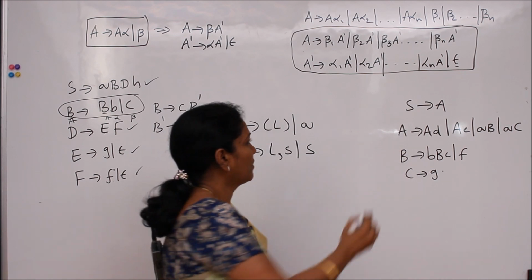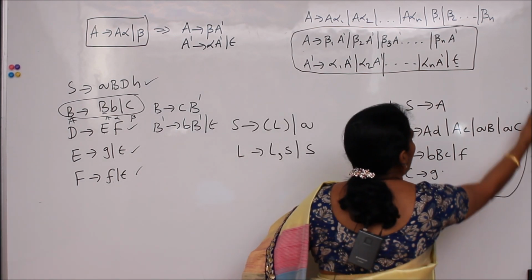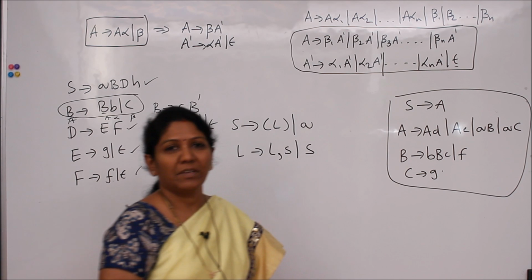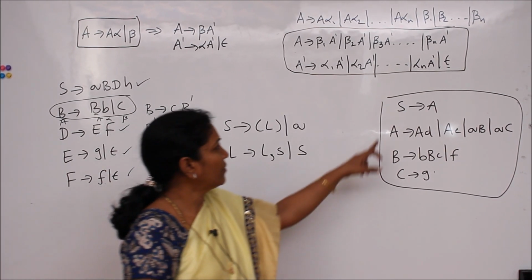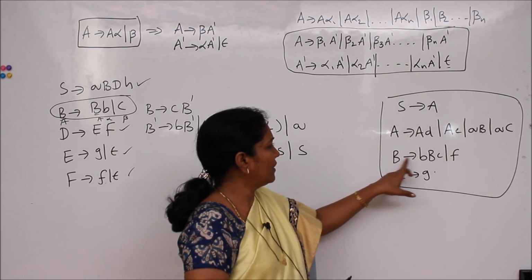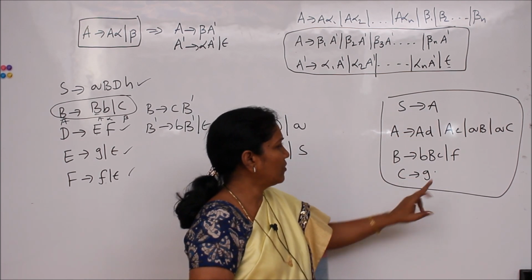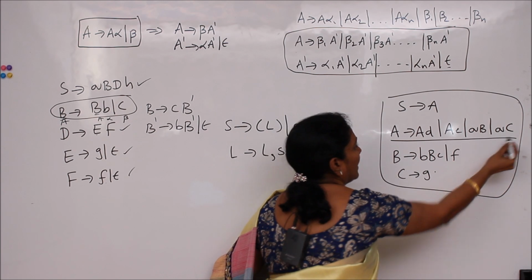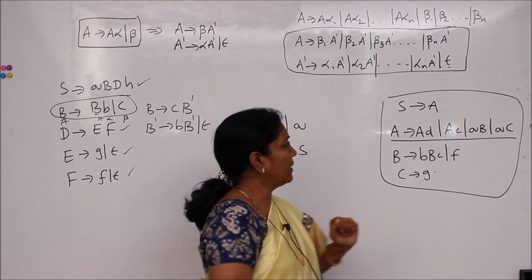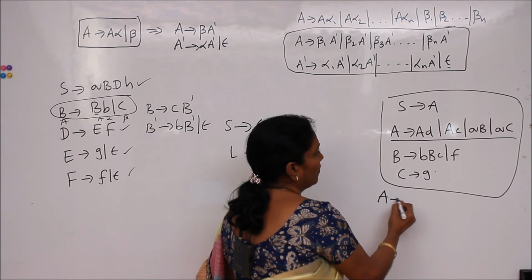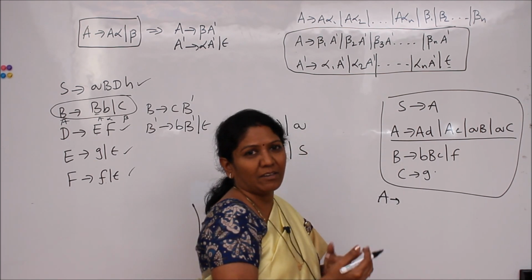Take this particular example. Eliminate left recursion here. Where do you find left recursion? Here there is no left recursion, here there is no left recursion, here there is no left recursion. Left recursion is only at this place, more than one place. So how do we eliminate? A to beta 1 A dash, beta 2 A dash.